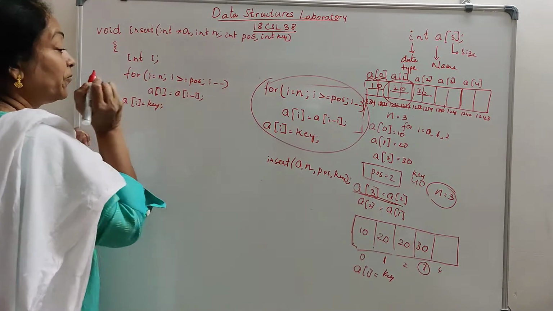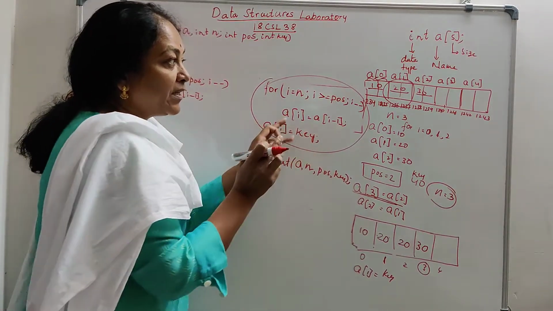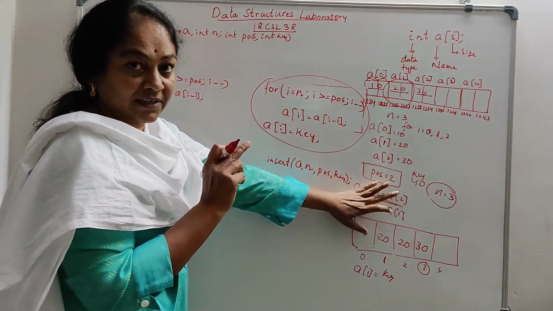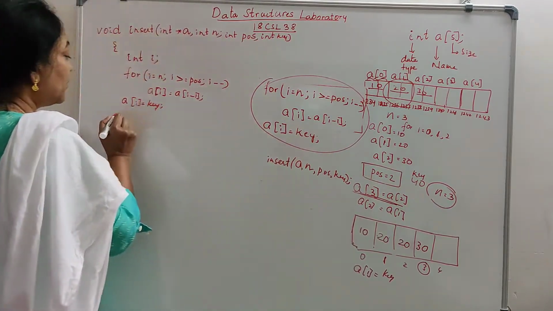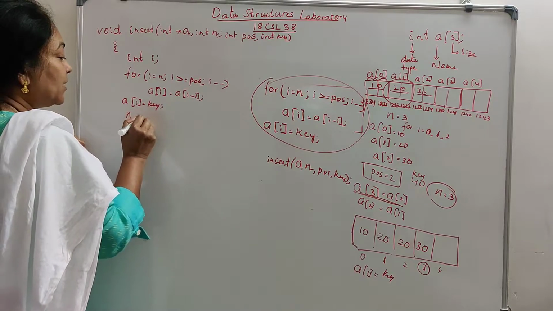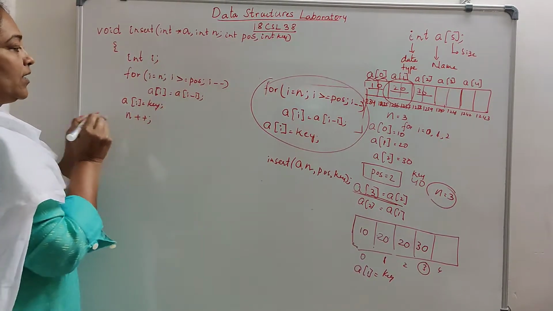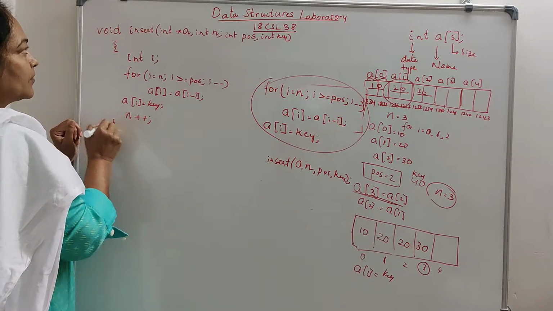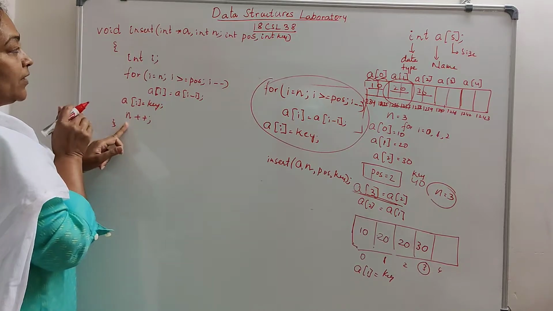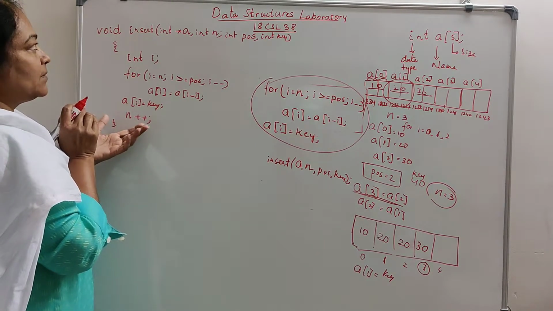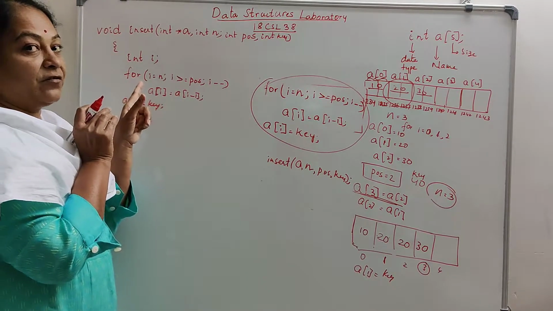One very important thing I forgot to tell you here: the number of elements was 3 earlier. Now as we inserted one more element, the number of elements will become n plus 1. So that's why I'm increasing the value of n here. But if I increase the value of n, it will not be reflected in the main function, because it becomes a local variable for this function.